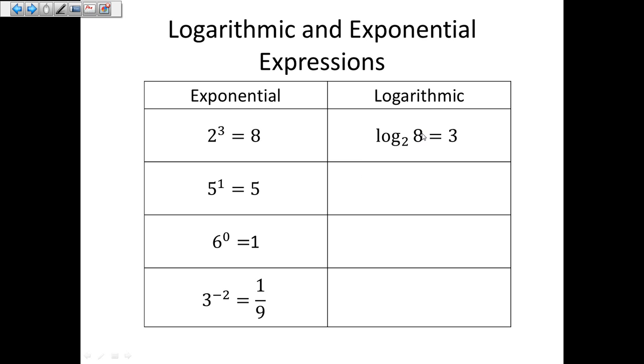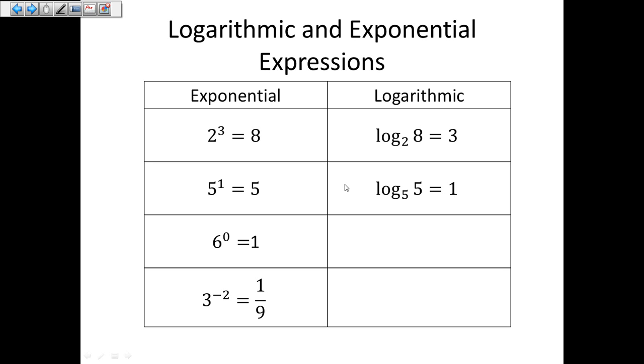The 8 is inside the logarithm; this logarithm is operating on the 8. Where's the 8 over here? Well, the logarithm is going to act on this 5. And then finally, this is equal to the power, so this logarithmic expression is going to be equal to 1.